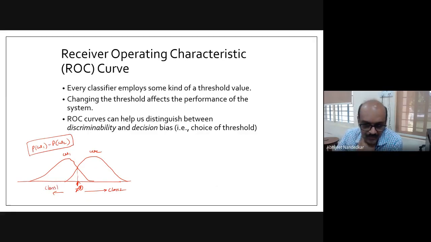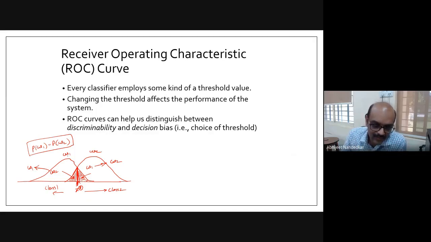So Bayes will come in the center of the two curves. This portion is producing error, where samples of omega 1 are classified as omega 2, and this portion, below threshold, is where the samples of omega 2 are classified as omega 1. So this is the error portion.